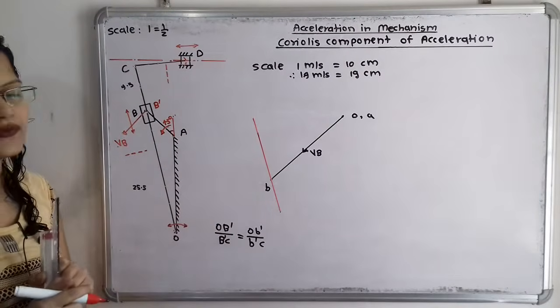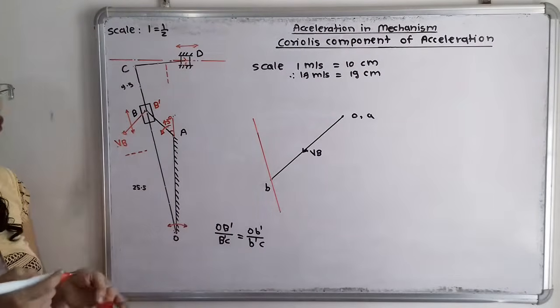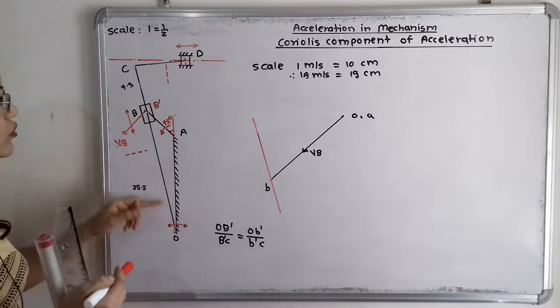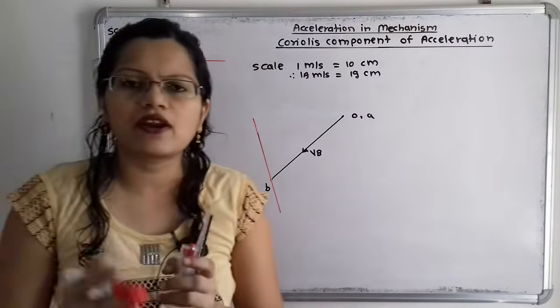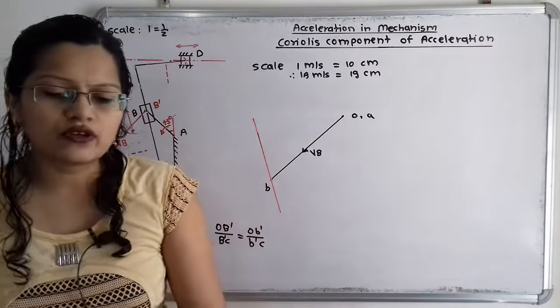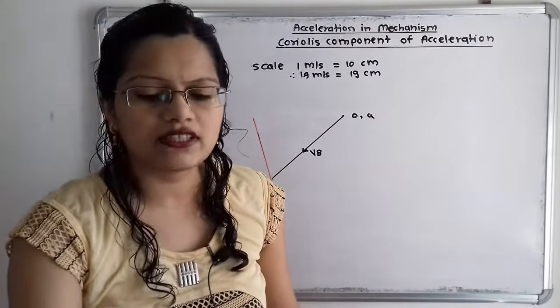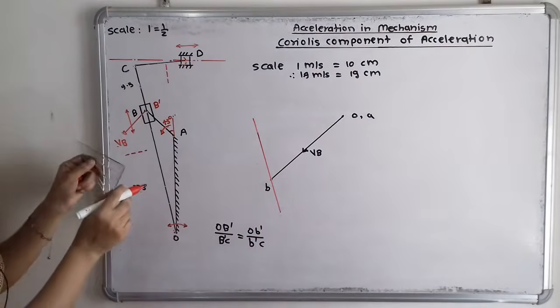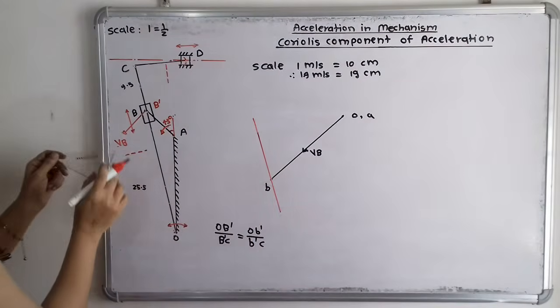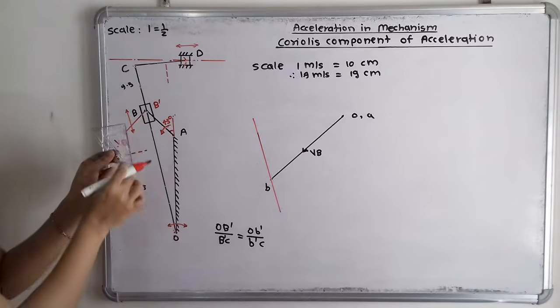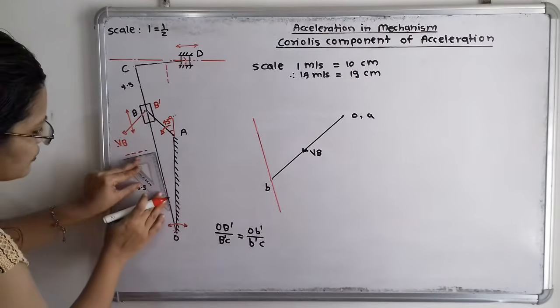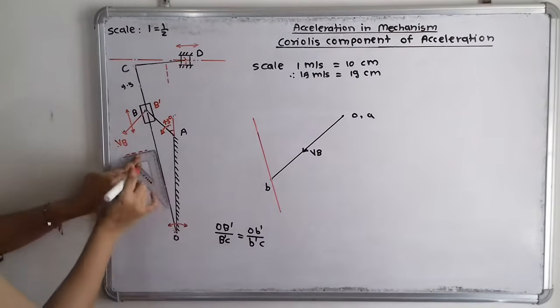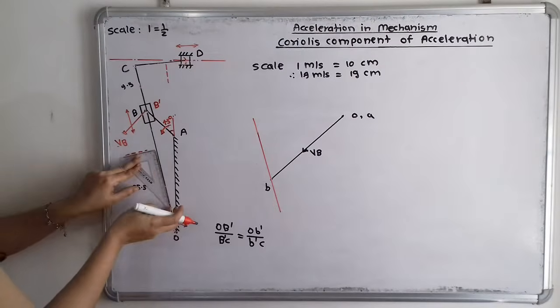So again if we move to the link OC, how to show the linear velocity for this link? We know that the linear velocity is in the perpendicular direction. So I will draw one line in the perpendicular direction. I will align one edge with this link OC and from the other edge, in the form of a dash, draw one line.